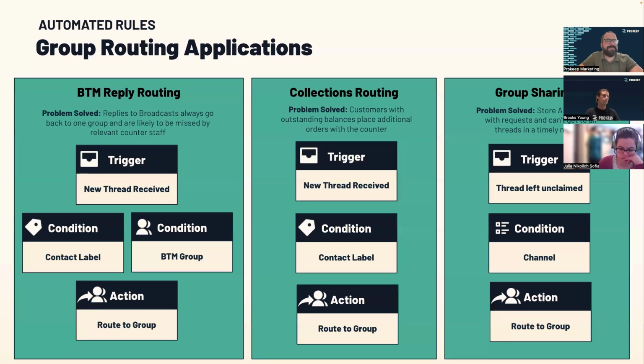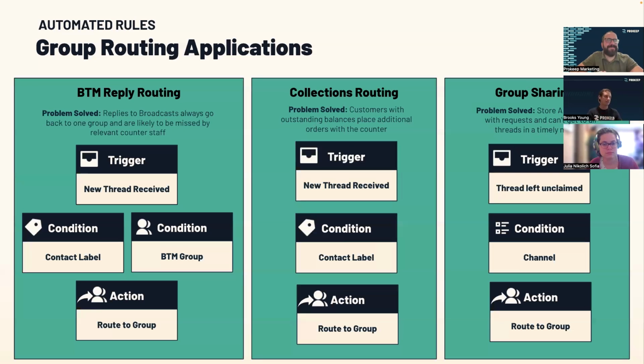So this one is new threads received, and then using that contact label, perhaps on customers that are a little bit delinquent on payments, or have some sort of outstanding balance. This can be an easy one that instead of having to make some announcement over the intercom saying, "Hey, that person's on hold. You can't sell them anything."